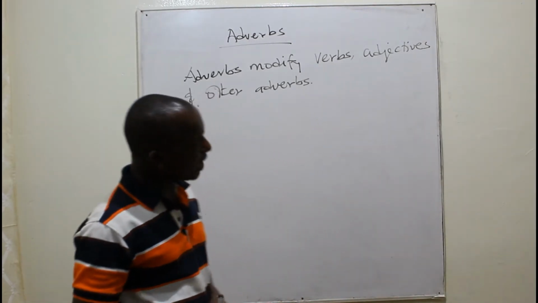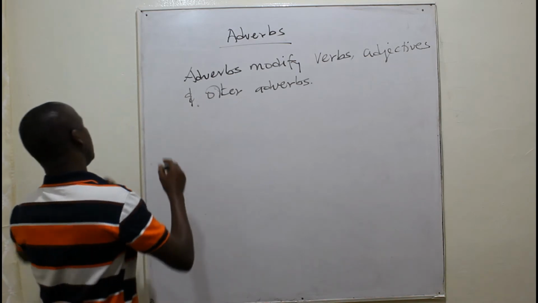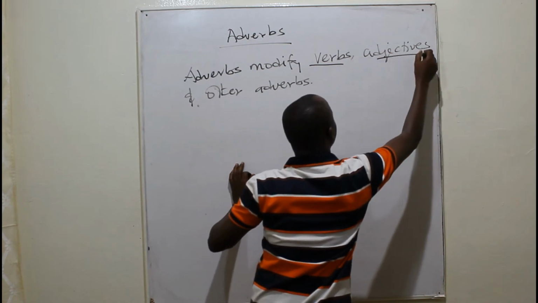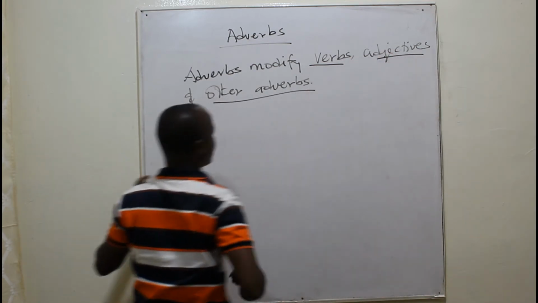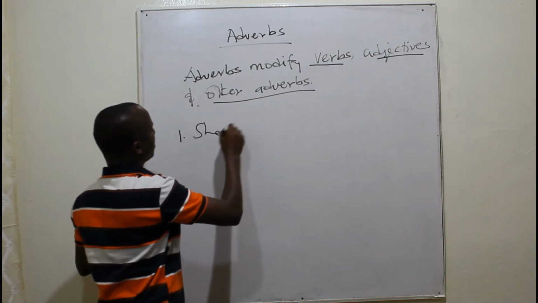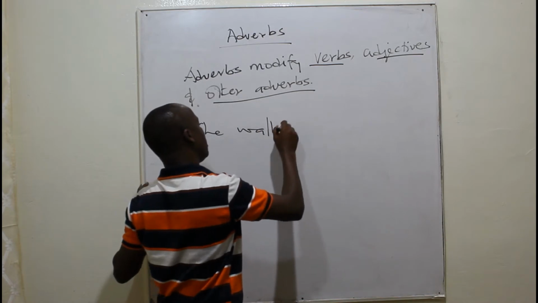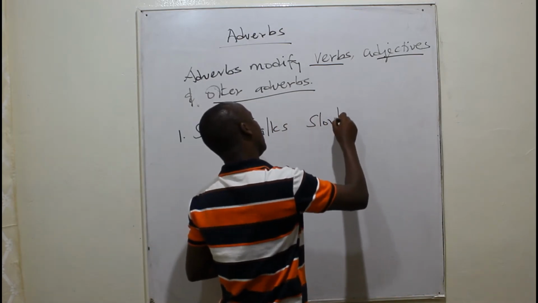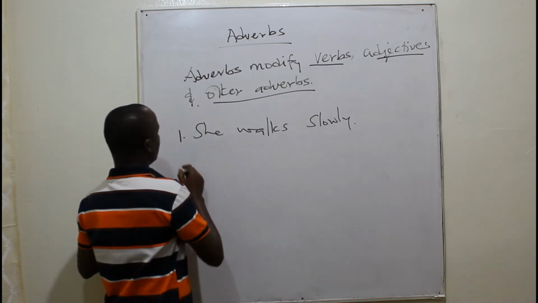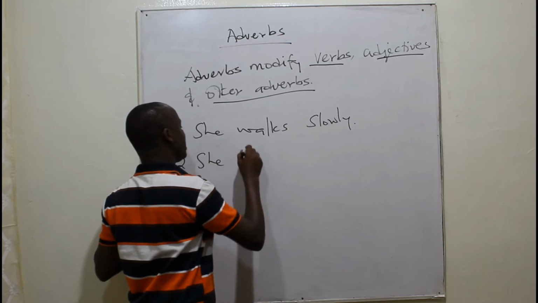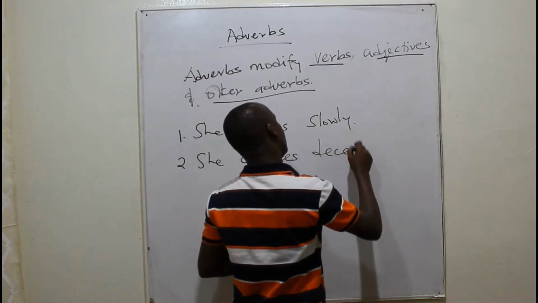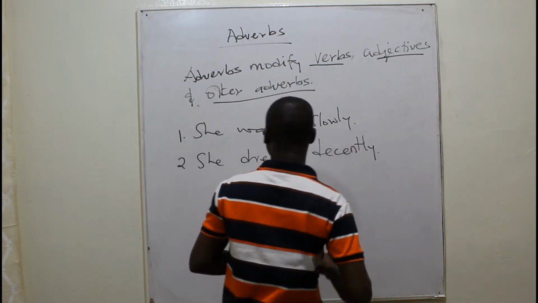So let's see some examples of adverbs. We have said adverbs modify verbs, adjectives, and other adverbs. First example: she walks slowly. She dresses decently.